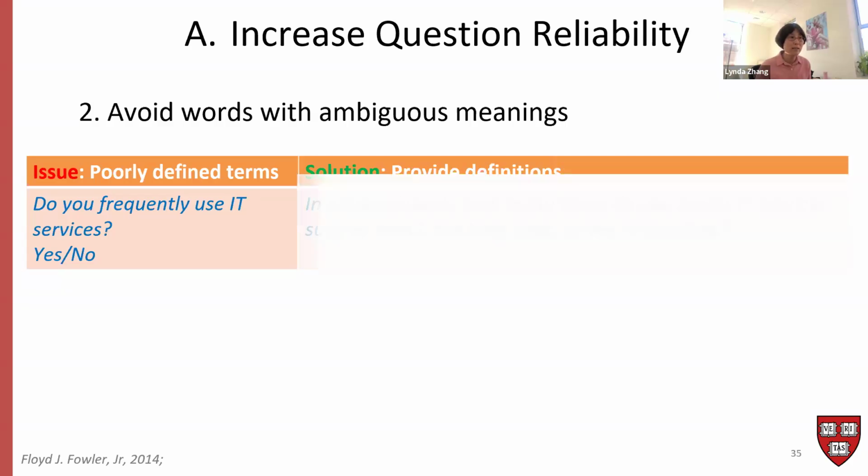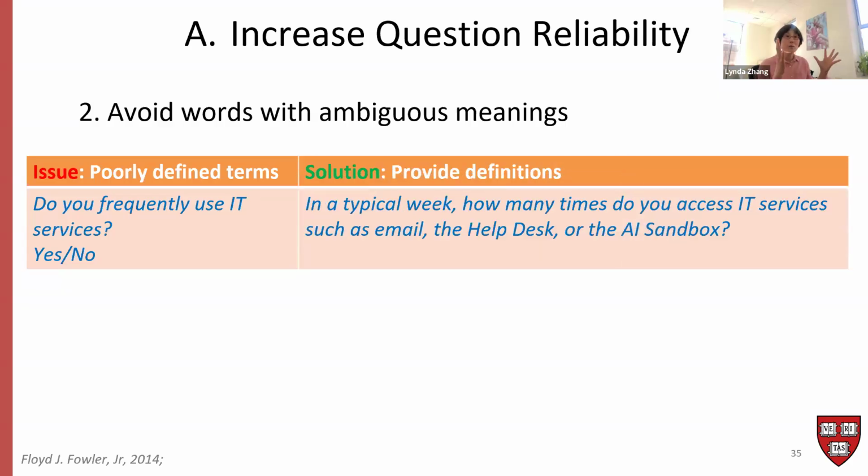So you want to provide a definition. You can say, in a typical week, how many times do you access IT services, and through what channels, like email, help desk, or the AI sandbox? So use definitions to define exactly what you're trying to ask.